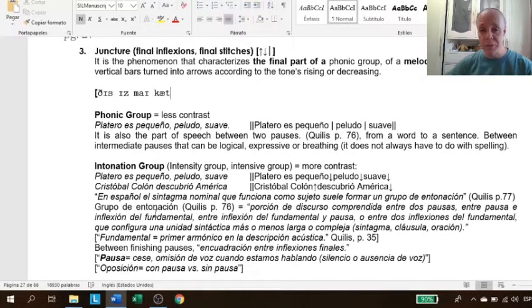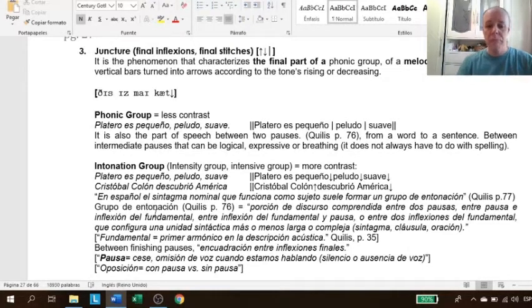In order to represent that decreasing voice, we need to use the arrow that goes down, like this. This is my cat. And you know that it decreases. You know that the sentence has stopped, that there is a period or a comma there.